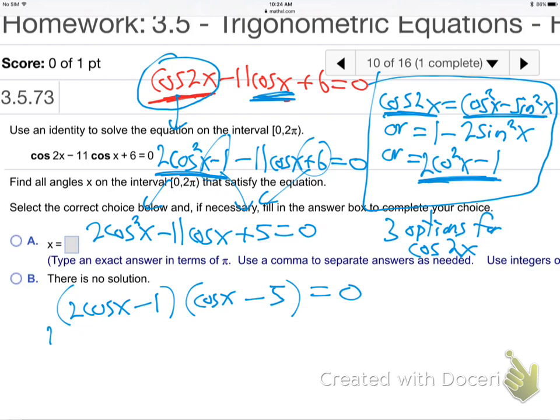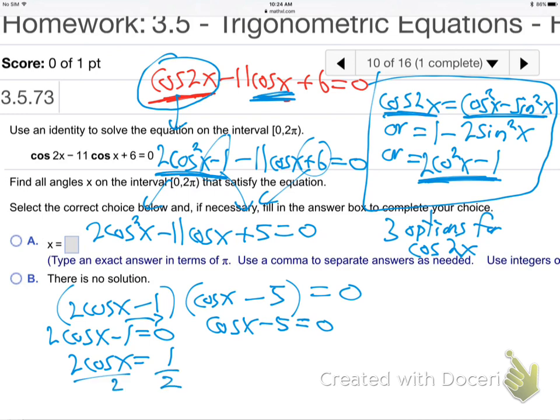And so, it's 2 cosine minus 1 is 0. And then bump it over. Divided by 2, cosine's a half. Bump it over. Cosine is negative 5. No way. No answers out of that half. Just do the unit circle for the half and you're done. Is that okay? Anything I can answer on that? Is that making sense there?